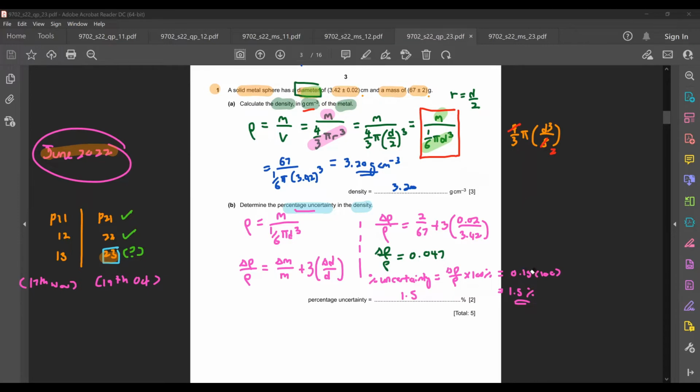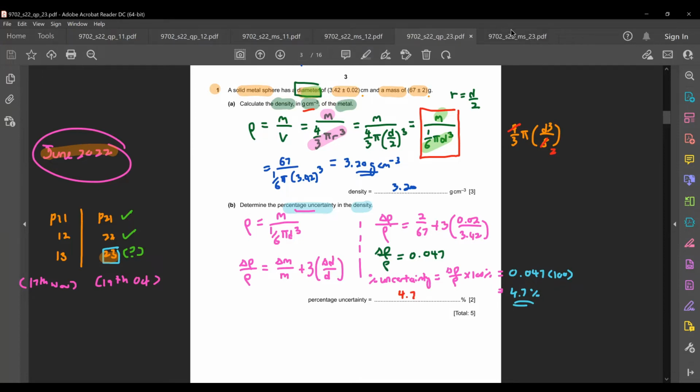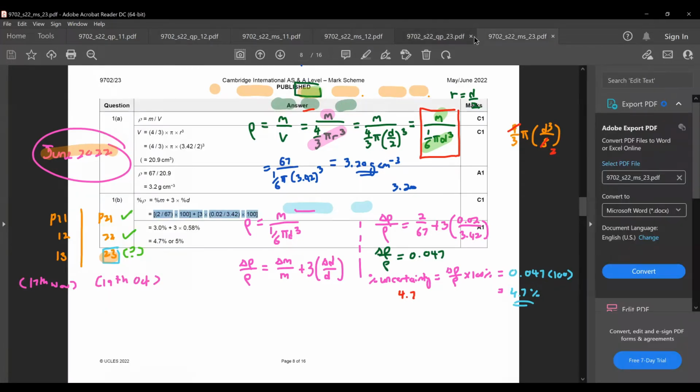Then from here, I multiply 0.047 times 100, giving you 4.7%. So the answer is 4.7 here, according to what the marking scheme mentioned. At 2 SF, it will be 4.7. At 1 SF, it should be 5%.